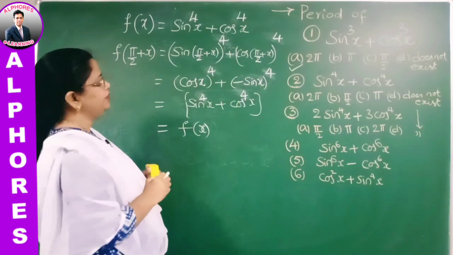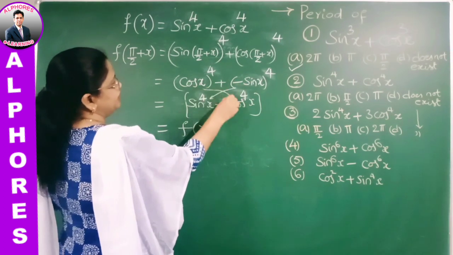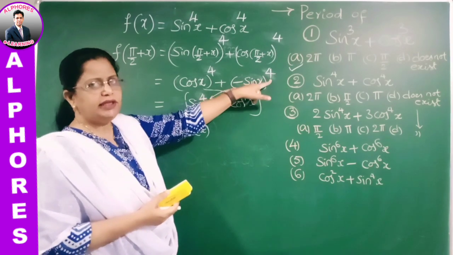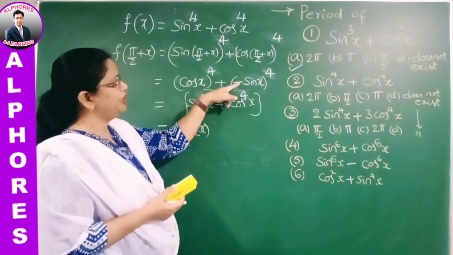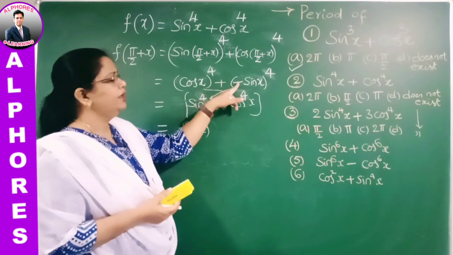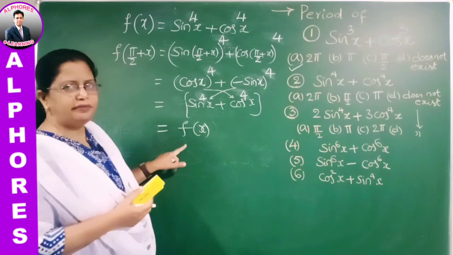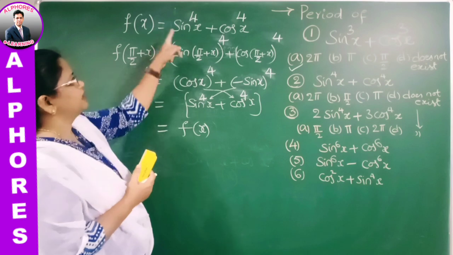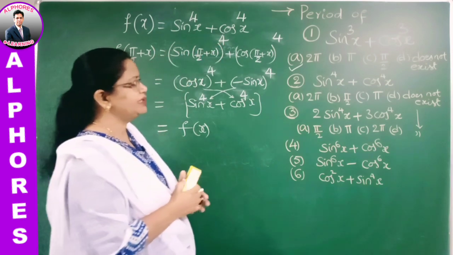So you got again sine to the power of 4x and cos to the power of 4x. That is the advantage of even power. As even power is present, even though minus is coming here, you immediately get the plus symbol. Hence you got finally f of x.